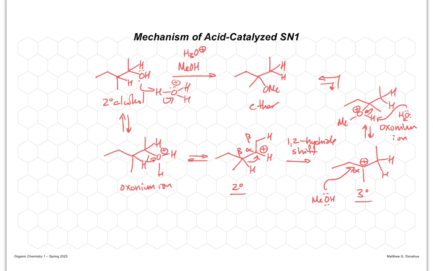From there, we had to evaluate the beta carbons to see if a rearrangement could occur to something more stable. We found that one of them could. That underwent the 1,2 hydride shift to a tertiary carbocation. That's the electrophile. It's trapped by the solvent, and then following the proton transfer, we end up with our ether.